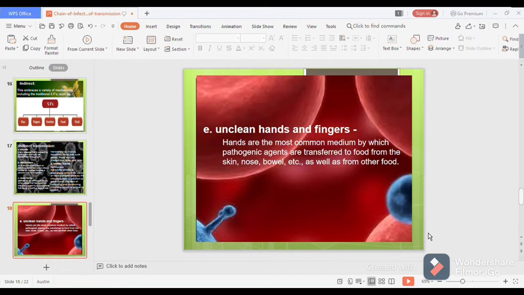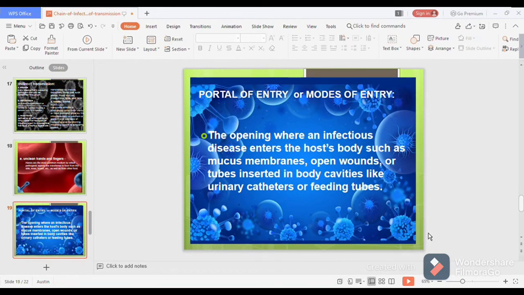And then the next is the portal of entry or modes of entry. The opening where infectious diseases enter the host body, such as mucous membranes, open wounds, or tubes inserted in body cavities like urinary catheters or feeding tubes.